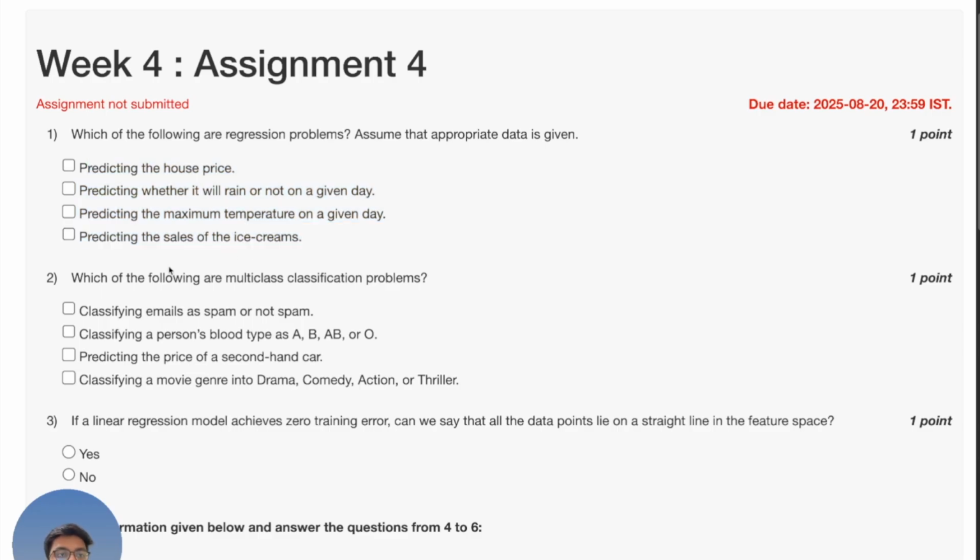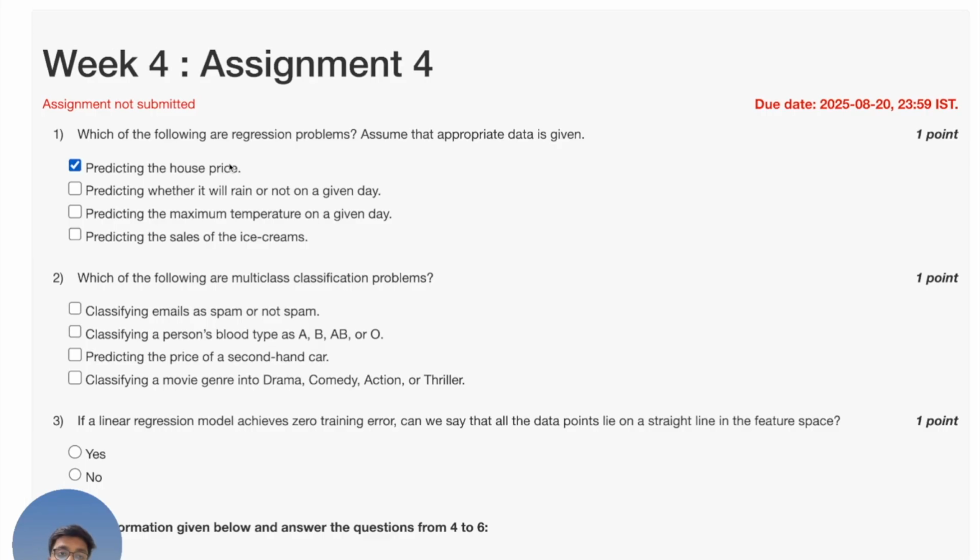The options: predicting the house prices, predicting whether it will rain or not on a given day, predicting the maximum temperature of a given day, predicting the sales for the ice cream. We just need to find which among those 4 options are regression problems.